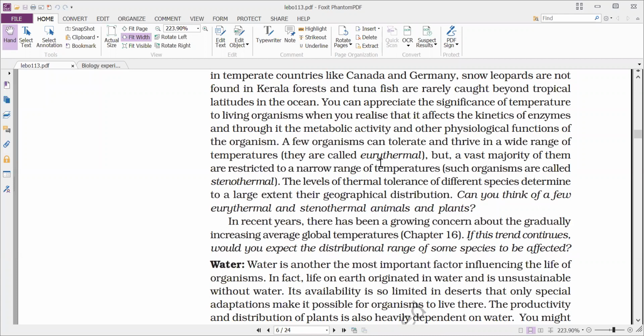On the earth's surface, where we find a wide range of temperatures, eurythermal organisms are present. And those areas with a narrow range of temperatures will have stenothermal organisms.